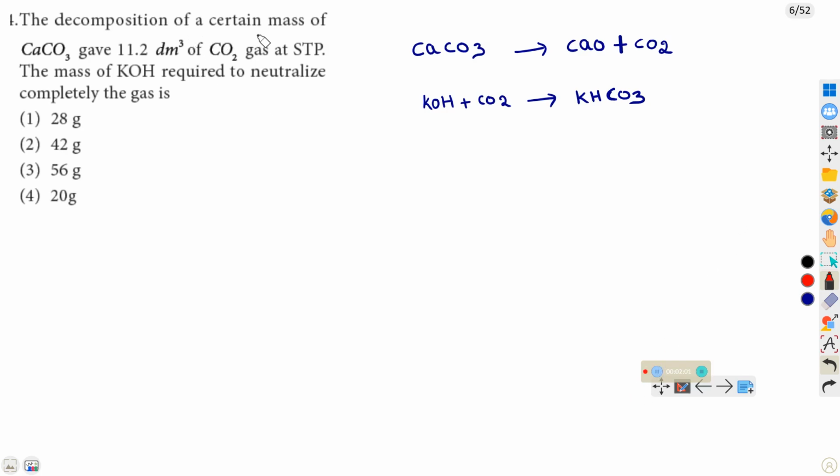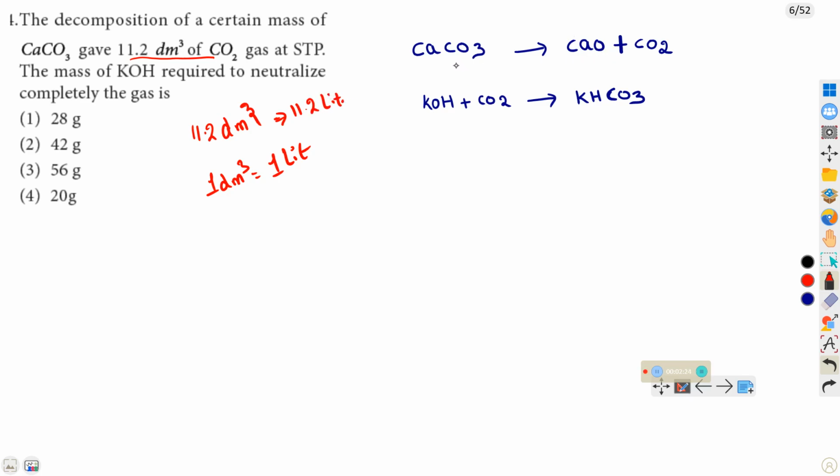The decomposition of a certain mass of CaCO3 gave 11.2 dm cube of CO2. 1 dm cube is equal to 1 liter. 11.2 dm cube is equal to 11.2 liters.